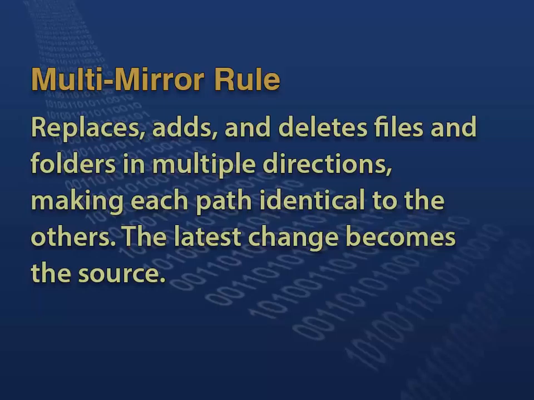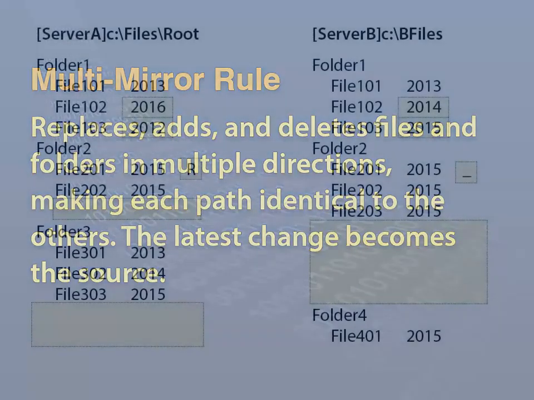If you're using a change journal, that will help determine that location. If you're not using a change journal, we have to rely on the modification dates for a file. If files have been changed in multiple locations, then the system has an option for using the latest modification date to determine the change, or you can have it raise an error so that you can manually determine the proper source for a file copy.